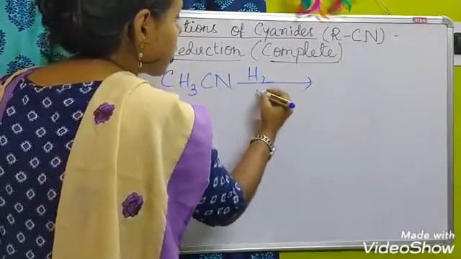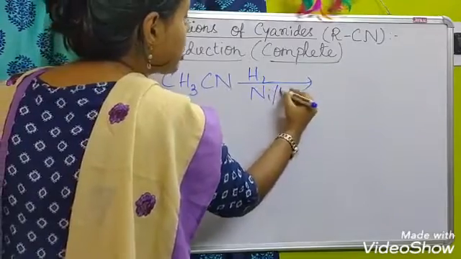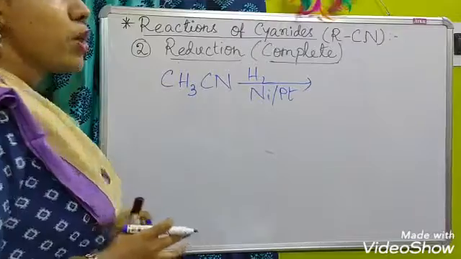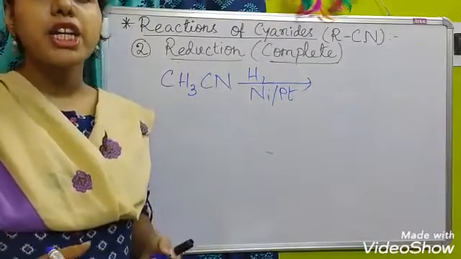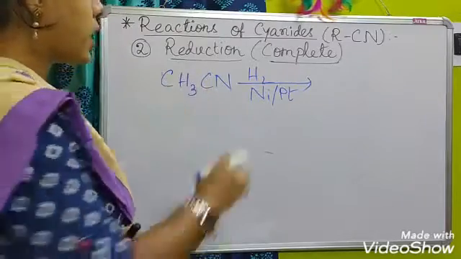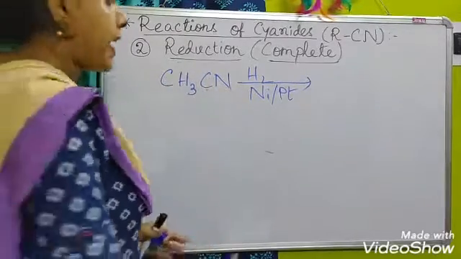Hydrogen in presence of nickel or platinum. So what will happen here? As we know that reduction means addition of hydrogen. So here 4 hydrogen atoms will be added.